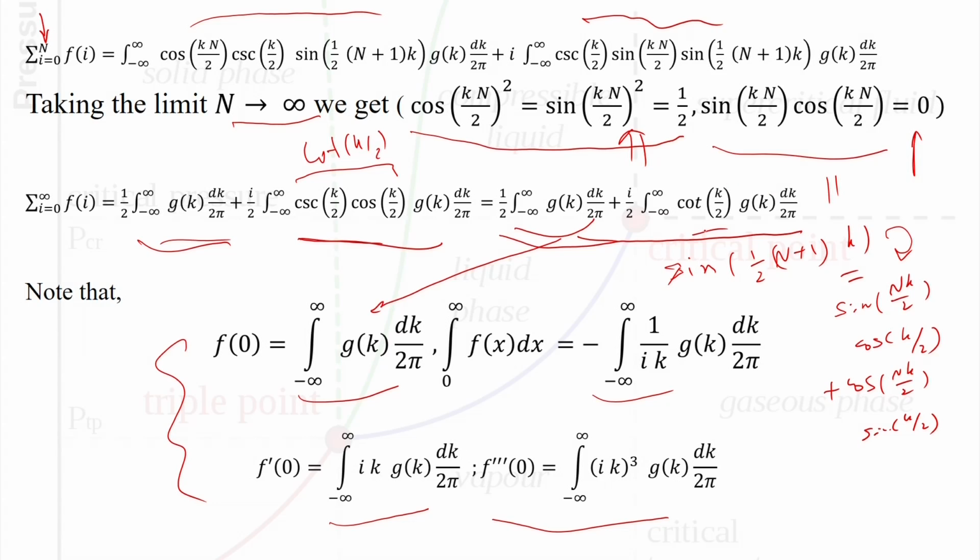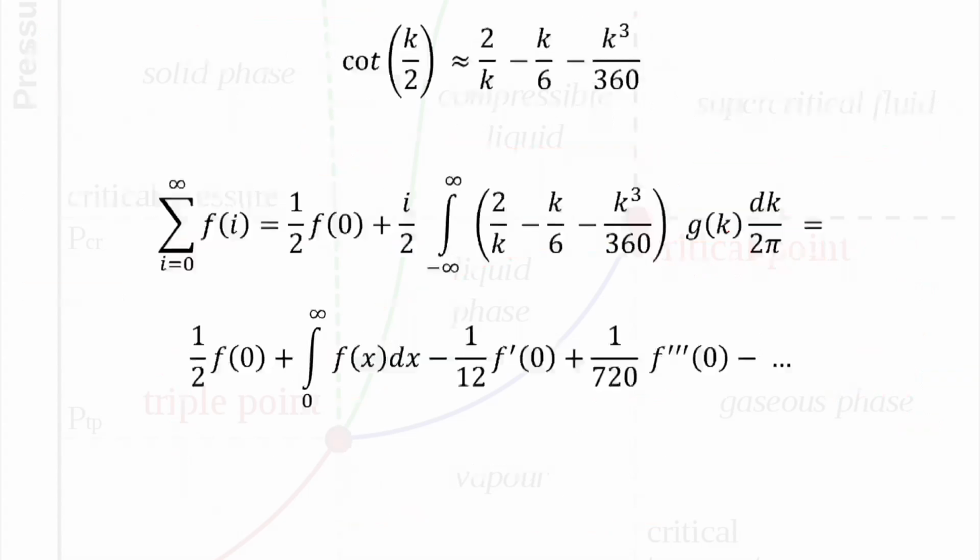So now I have to manipulate this. So I'm going to expand cotangent k by 2 in powers of k. So when I do that, I get this series. Okay. So I'm going to insert that series here, and then when I do that, lo and behold, I start getting the terms that I was staring at earlier. Namely, I get this.